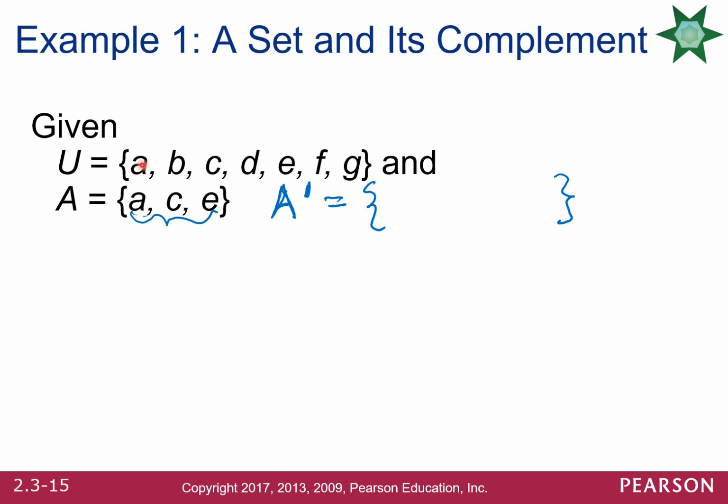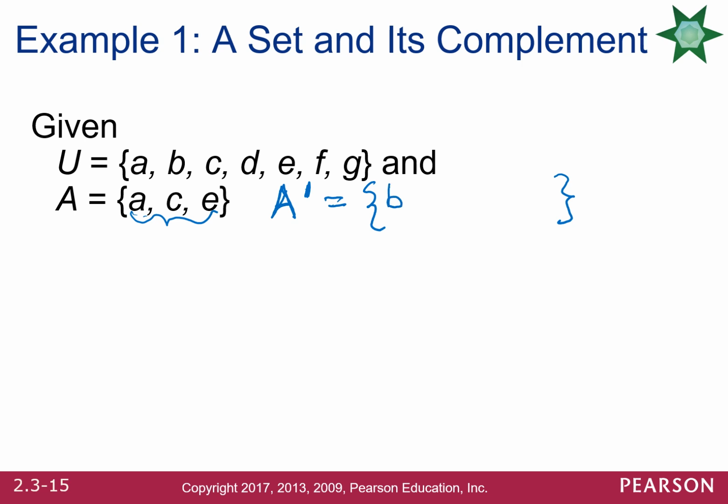This element should not go to the complement. The complement will only have elements from the universal set which do not belong in set A. So does B belong in A? No. So B would be a part of the complement set.